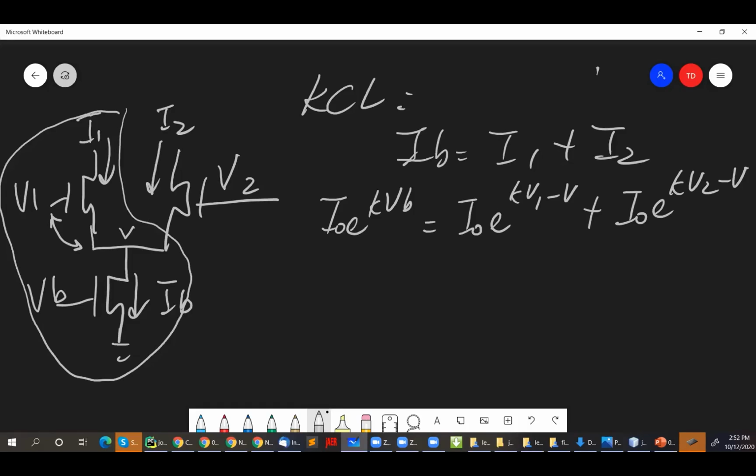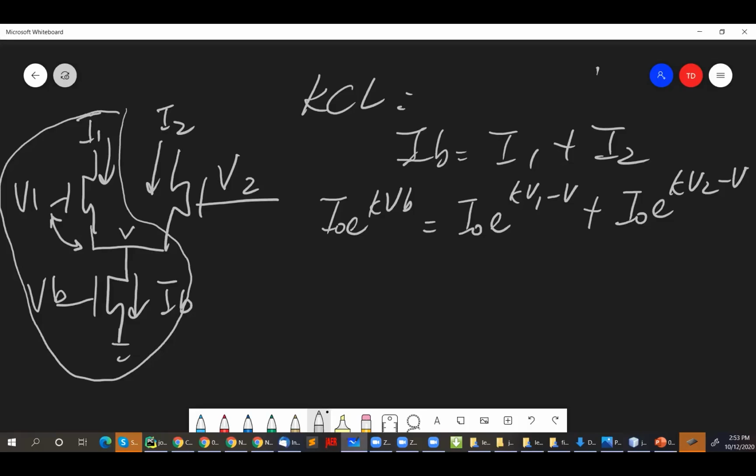Now what can we do? So first thing is you can cancel all the I naughts, so it makes your life easier. The only variable that you don't know is V, because you're setting VB, V1, and V2. So that means you have to figure out how V depends on V1, V2, and VB. So let's see how we can solve that.